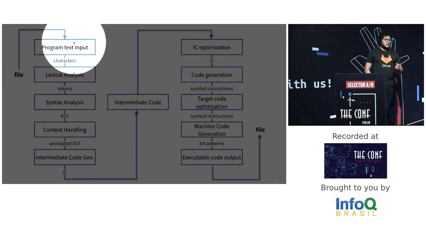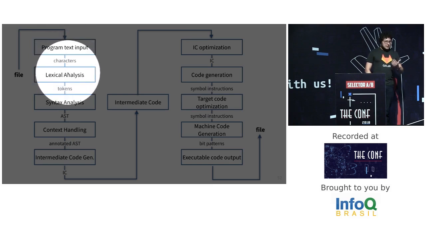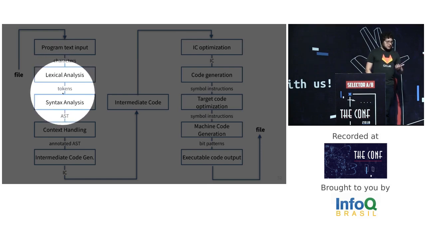This is your file reader component. The file reader component will feed characters to the lexical analyzer. The lexical analyzer will get these characters, do pattern matching, and provide tokens for the syntax analyzer, which will transform these tokens into an abstract syntax tree.